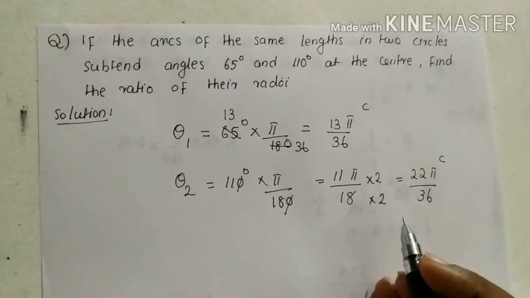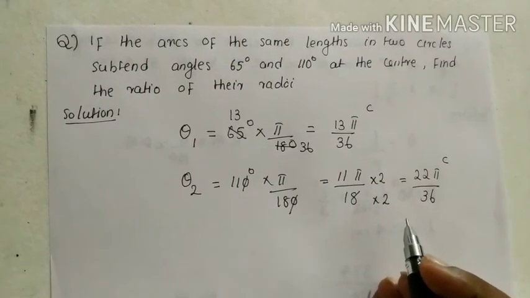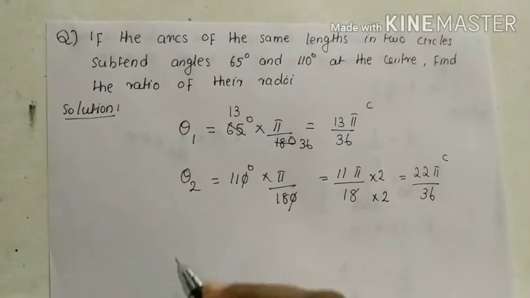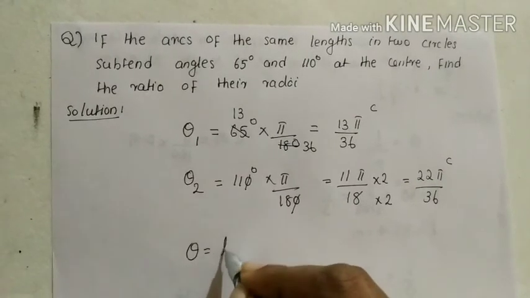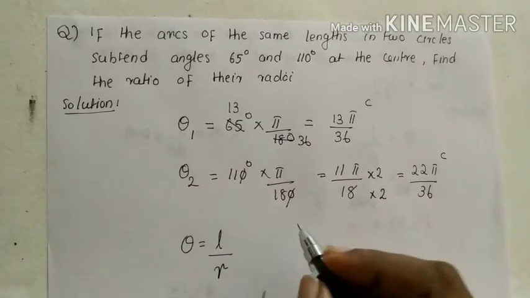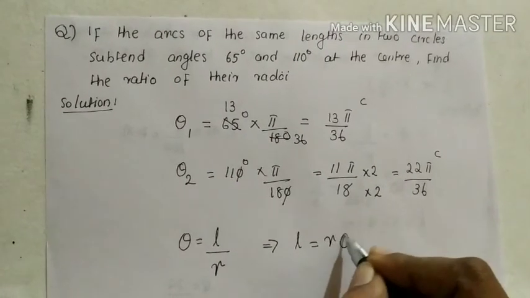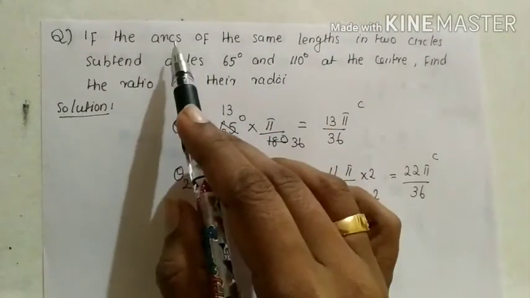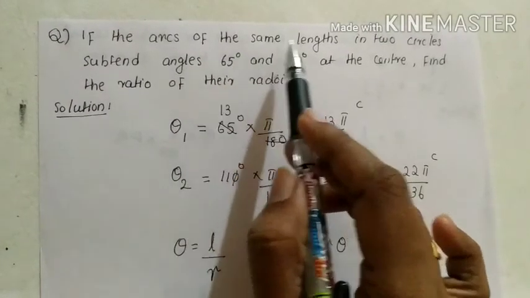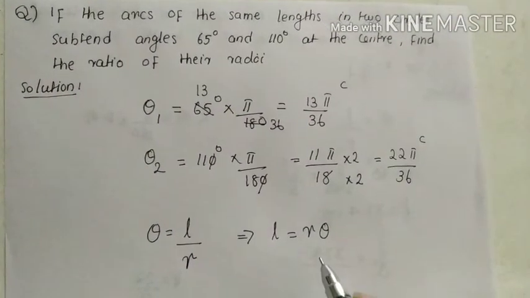And we know that the relationship between arc length, angle and radius is angle is equal to arc length divided by radius, and from this we get L equal to r theta. Here given that the arc length is same, that means L is same.